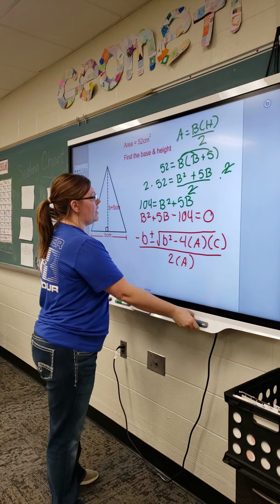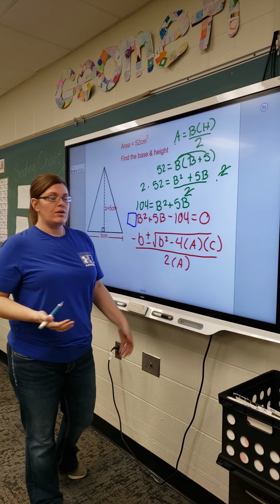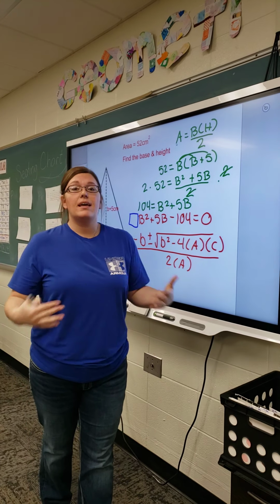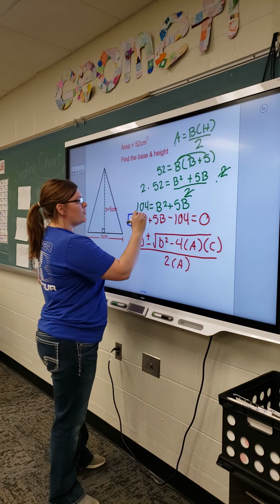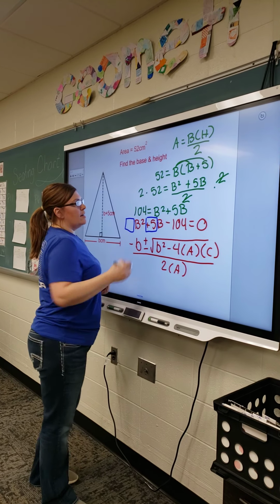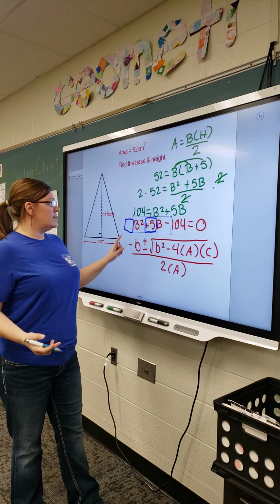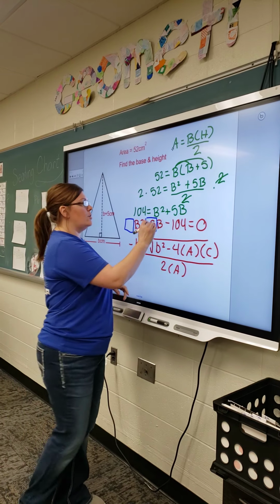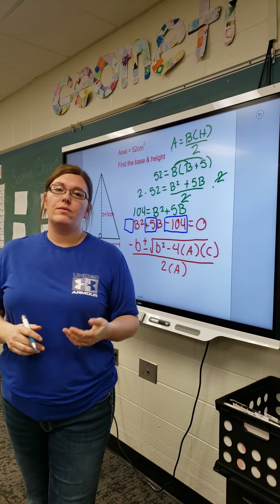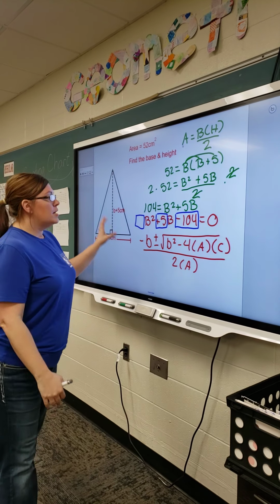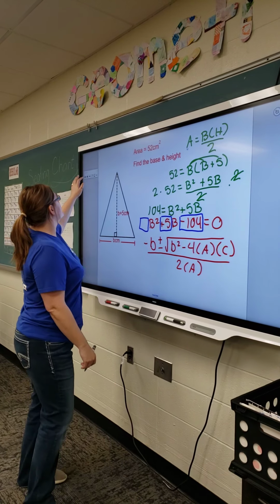Now for those of you that have forgotten, whatever is in front of your squared term is your a value. If this was a negative 2, it would be a negative 2. Don't forget to use your sign. Whatever is in front of your regular x value, in this case it's a b, is your b value. So here your b is going to be a plus 5. And then your whole number here, including the sign, is your c value. So your c value is a negative 104. Plug it in. You're going to get 2 answers. Provide me with both.